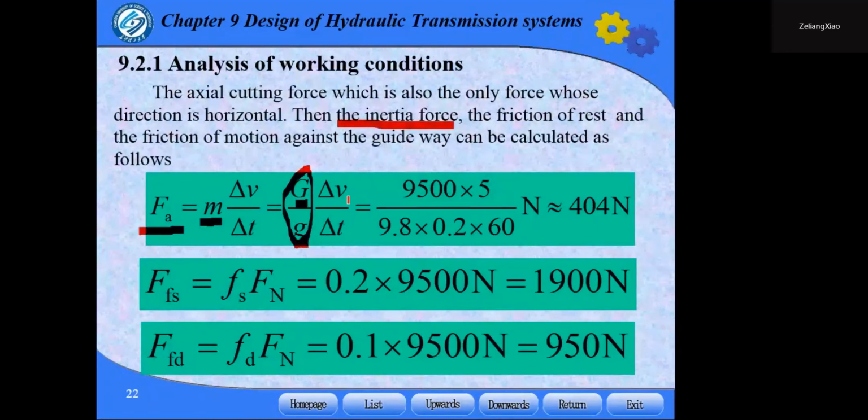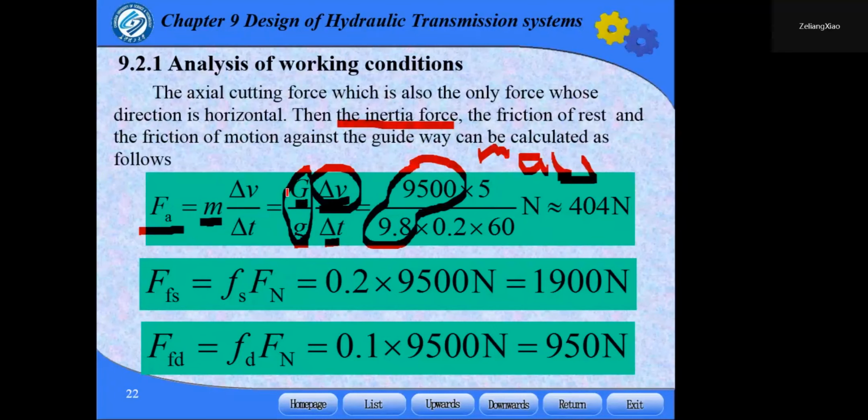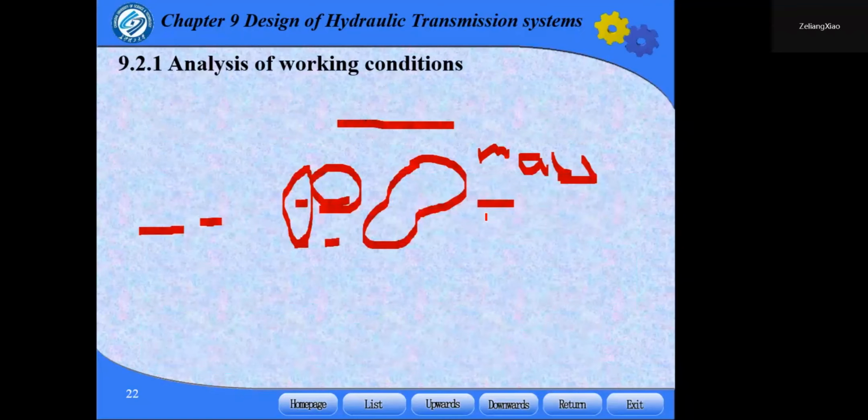This is the increasement of the speed, and this is the time.